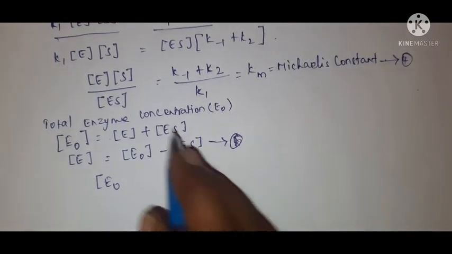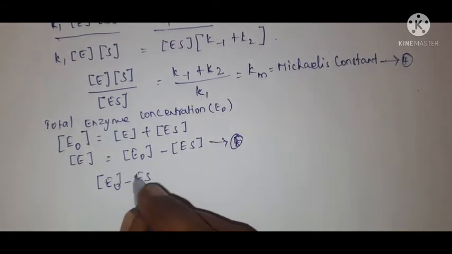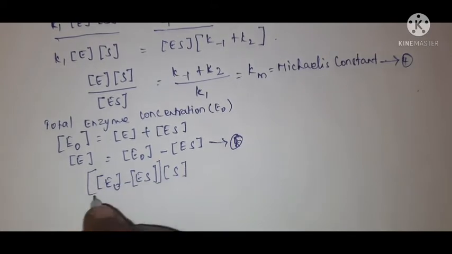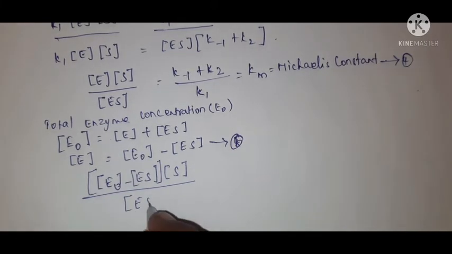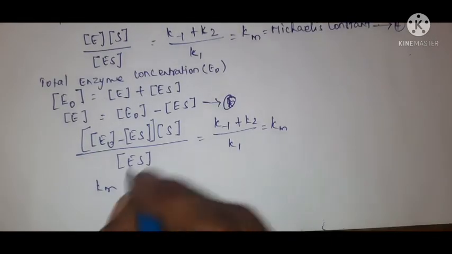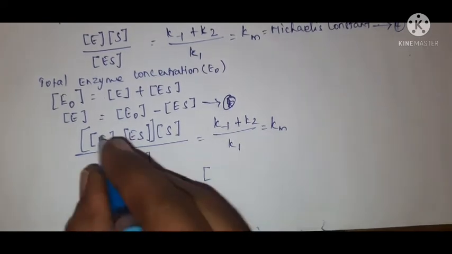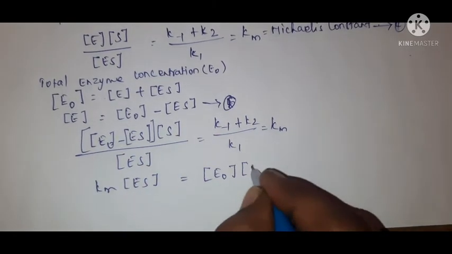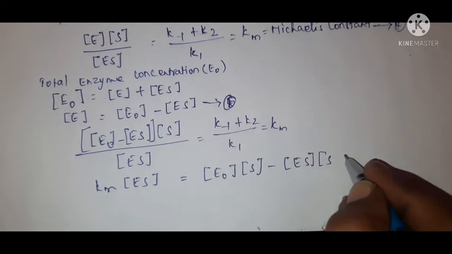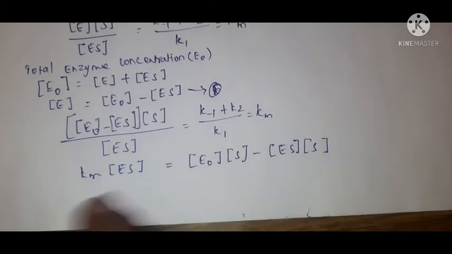So substitute equation 5 in 4. So E naught minus ES into S, divided by ES, you can write as Km. Km into ES is equal to E naught into S minus ES into S. Okay. So now you calculate the concentration of ES.